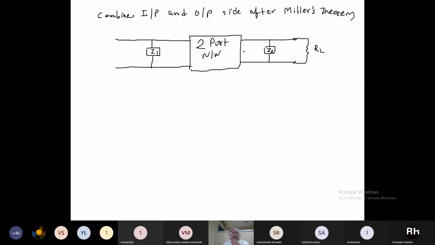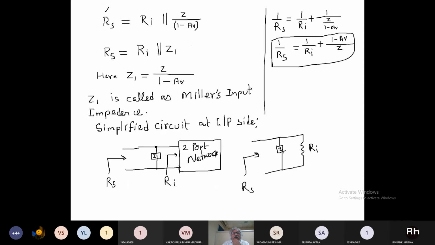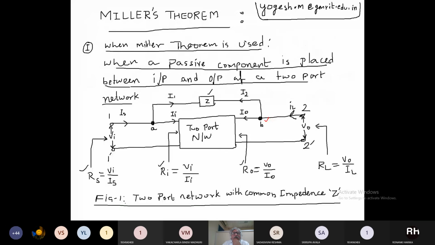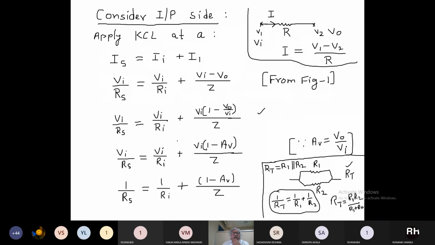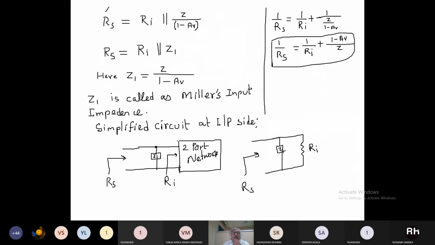So RL will be the parallel combination of R0 and Z2. In the same way, here is the input resistance Ri.